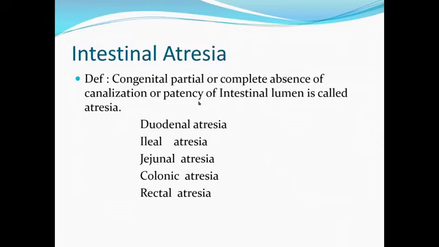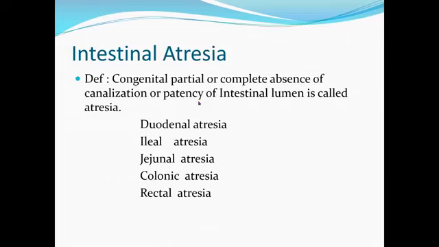You can evaluate esophageal atresia by passing a nasogastric tube. If the tube is not easily passed through the esophagus into the stomach, then you can guess that it is esophageal atresia.